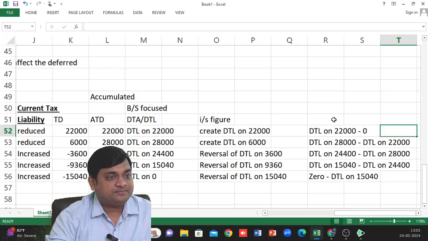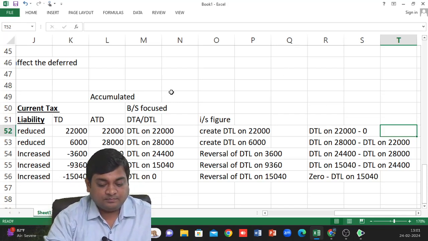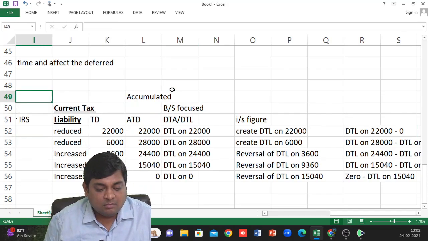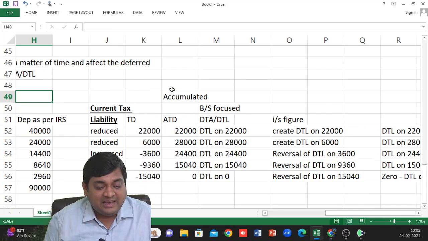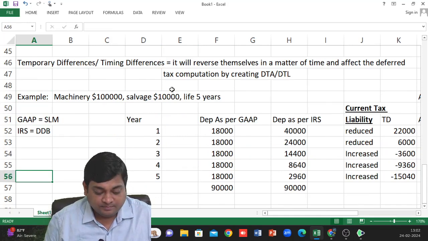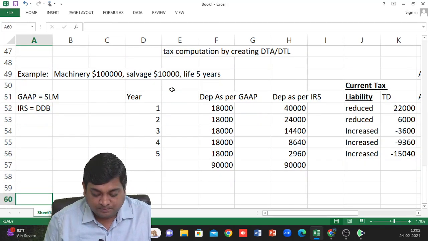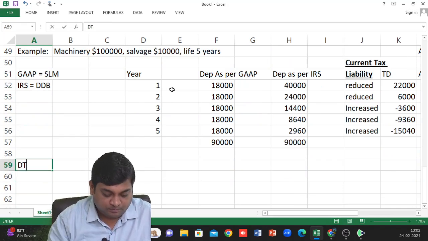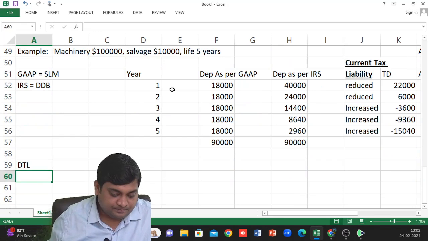Is it fine? So in which all cases DTL will be created, right? Let me just show you. DTL.